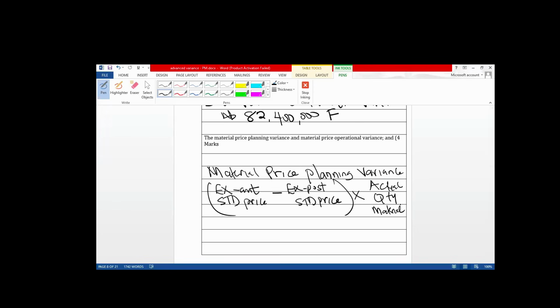Let's now go and pick it. Let's go to the question and pick what we require. Material price planning variance. I want to know the amount of errors in our standard material price.